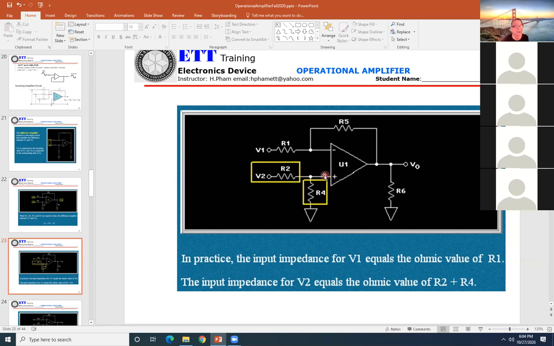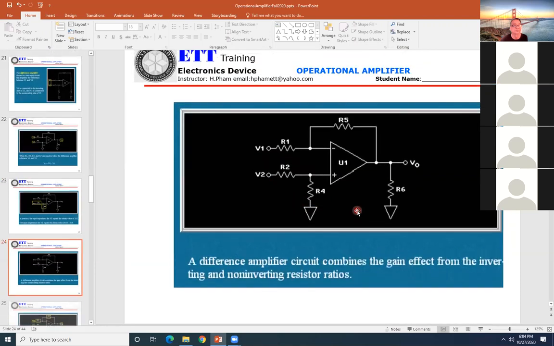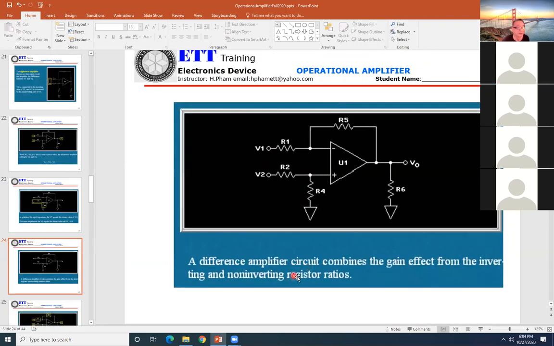If you want to get the voltage at the positive input, you must use a voltage divider. Take V2 times R4 divided by R2 plus R4. A differential amplifier circuit combines the gain effect from the inverting and non-inverting, using resistor ratios.